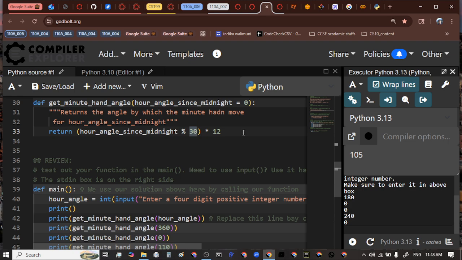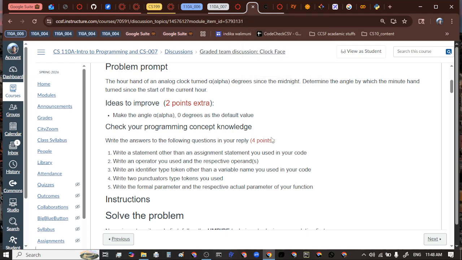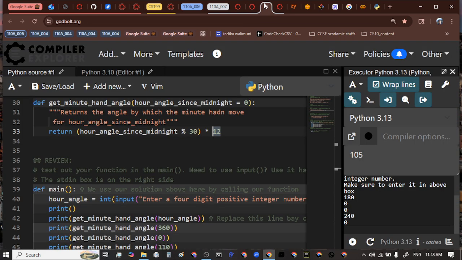If you take this multiplication as the operator, then this whole thing is one operand, and this 12 is the other. Next: write an identifier type token other than a variable name you use in your code. Identifiers are the names we give, including variable names, module names, function names.